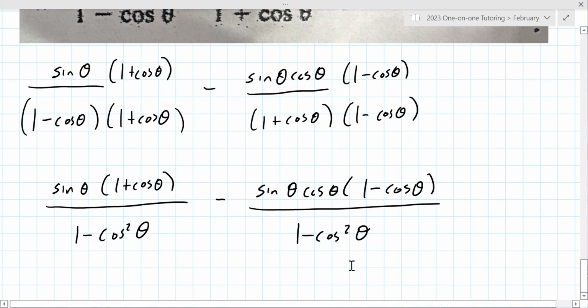Oh, wait. So can both the bottoms become sine squared? Yes, and that's what I would do next.